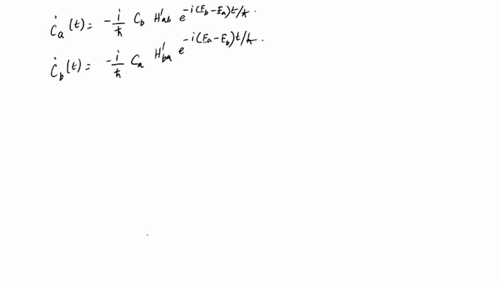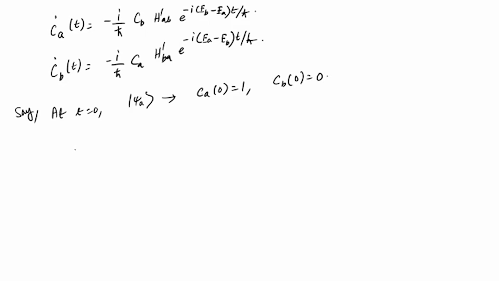So, if at t equal to 0 the system starts from the state A, say this is for an example, at t equal to 0 the system starts from psi A, that means C A(0) is equal to 1 and C B(0) is equal to 0. Okay.